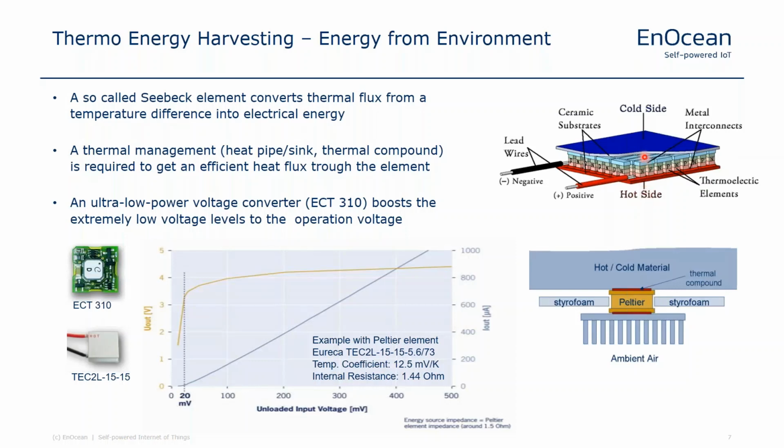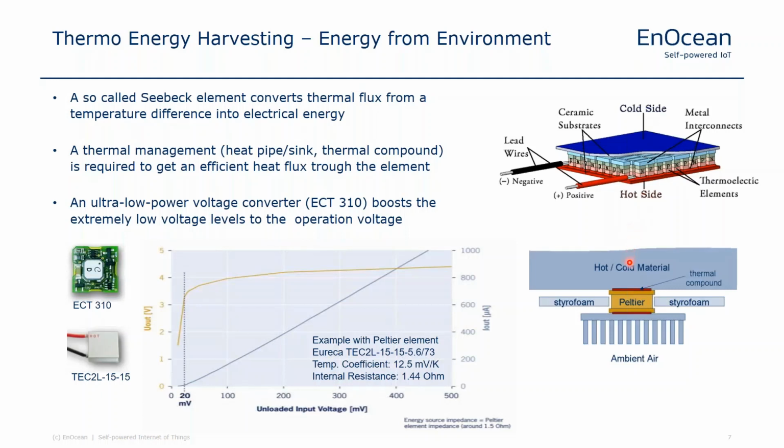And if there is a heat flow, the bismuth telluride elements in between convert this energy into power. Then we have an electrical current between the black and the red wire. So quite easy from the concept, but it's more difficult to implement.